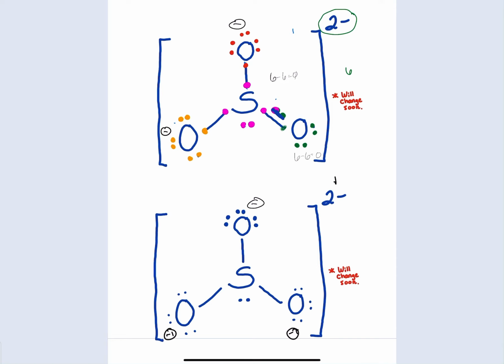So then your next question might be, but I didn't fix these 2. Well, sometimes you can't. If we were to take one of these and try to turn it into a sulfur electron, what's going to happen is our sulfur will then have more than 6, and our sulfur will become negative, and you don't want that. Once we get something, especially a central atom, to a positive, that's what you want.